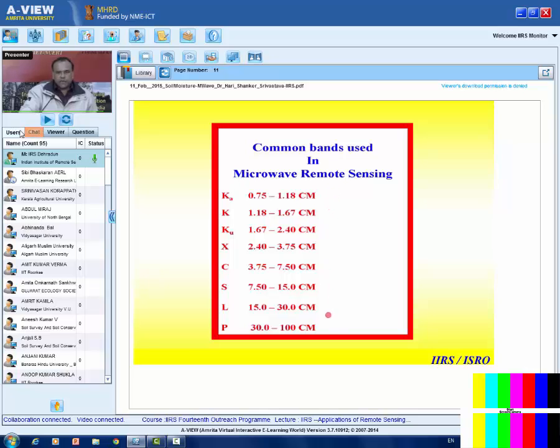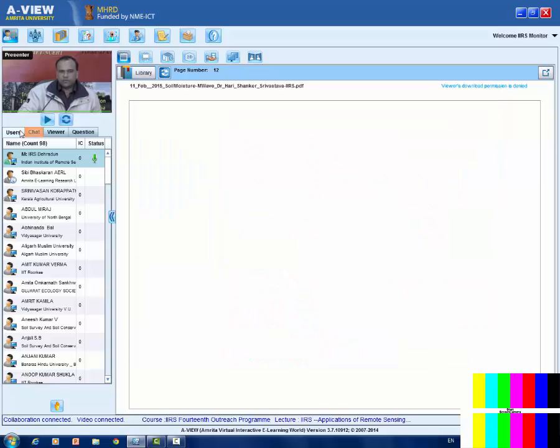Now these are the common bands that we use for soil moisture estimation: Ka, K, Ku, X, C, S, L and P bands. As I showed you earlier, penetration depth is directly proportional to wavelength, lambda. So if I start from Ka and go towards P band, penetration will also increase from Ka to K to Ku to X to C to L, P and so on.